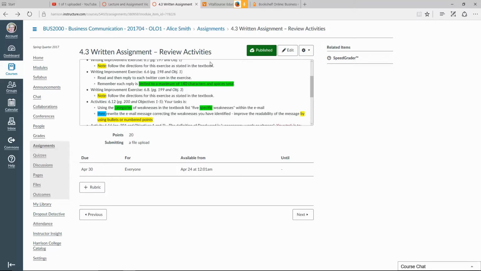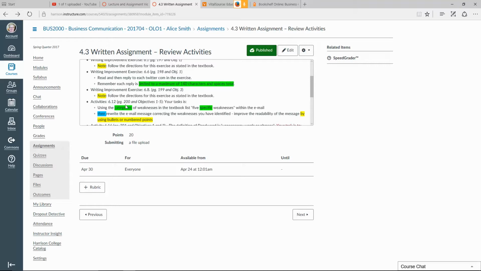So you go to objective 3, and that's on page 186. You can find information in there about this, and then you would use that like we did up above.